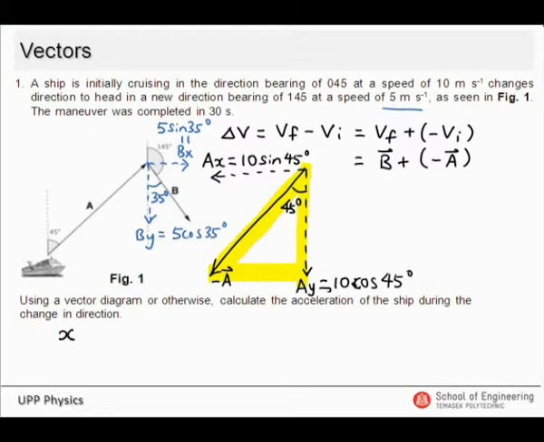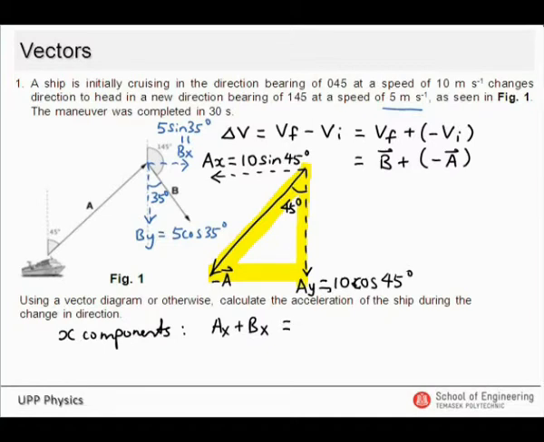So for the X components, we can only add AX and BX together. So we have AX plus BX. Now, the directions of these two vectors, AX and BX, are opposite. So we'll follow the number line. AX is in the negative direction of the number line, while BX is in the positive direction.